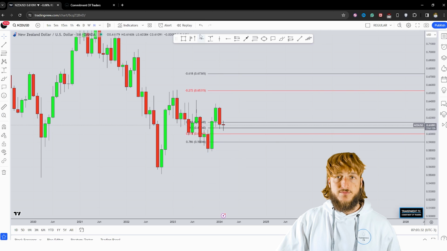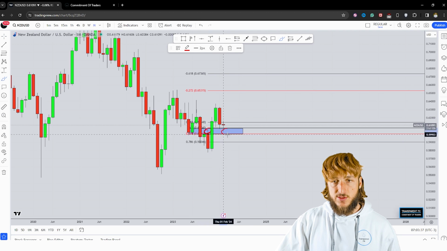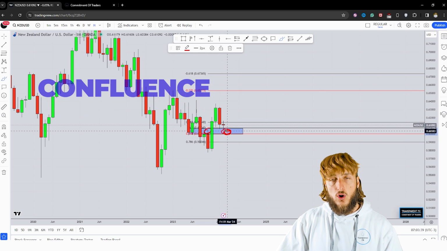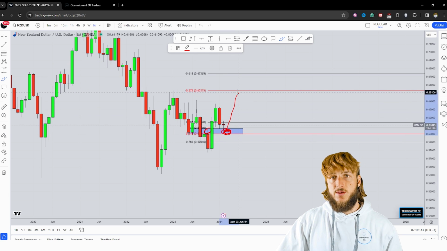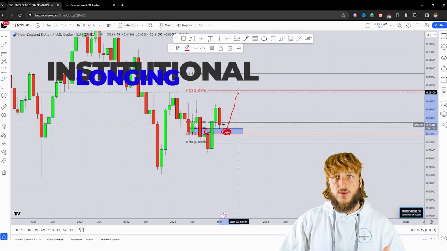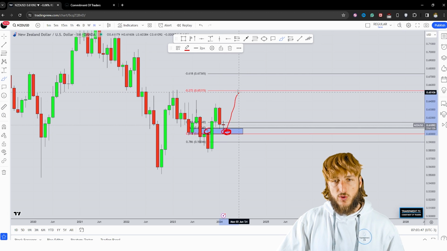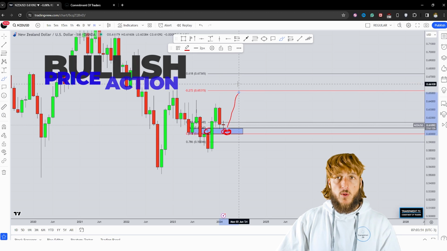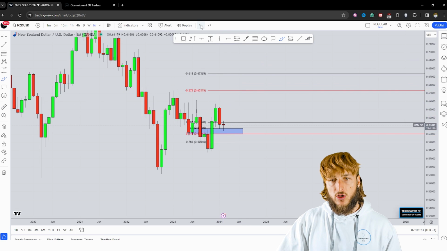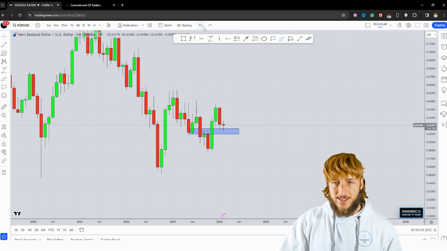So essentially lining up with this previous monthly resistance turn support here, creating a confluence of support at this level, inside of which we could easily see more institutional longing, which at that point would further increase the probabilities of a potential rejection to the upside away from this level. And we will be speaking about institutional longing later on during this analysis.